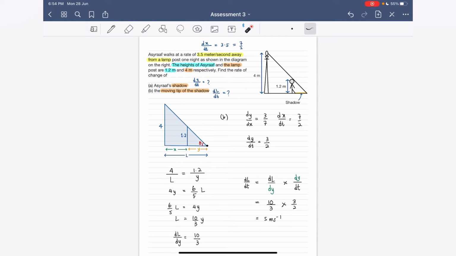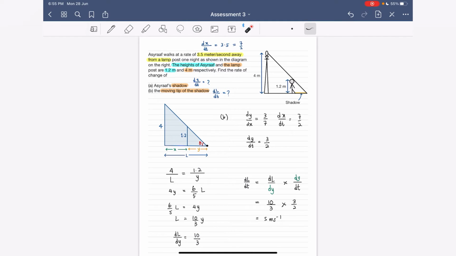We differentiate, and dL/dy equals 10 over 3, because this y is power of 1, and power of 1 subtract 1 we get 0. So y to the 0 will be 1. So it will be 10 over 3.